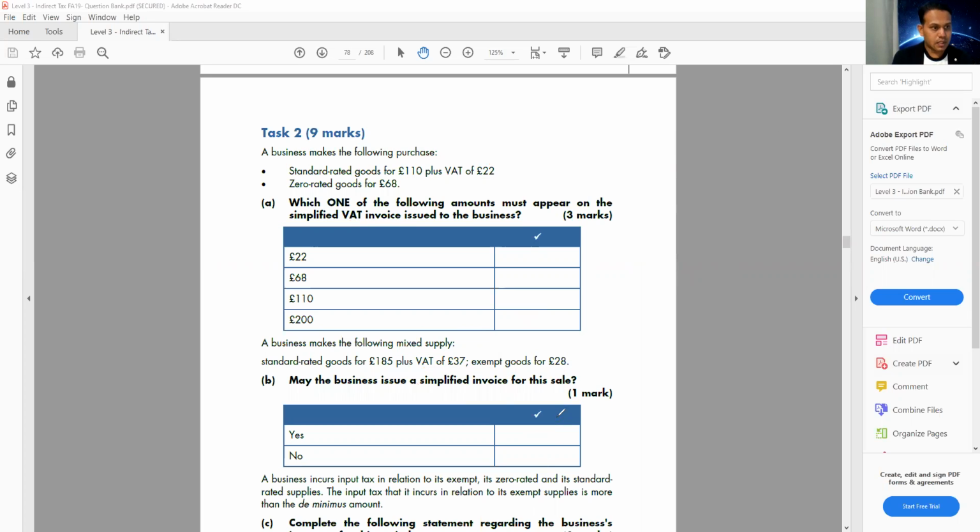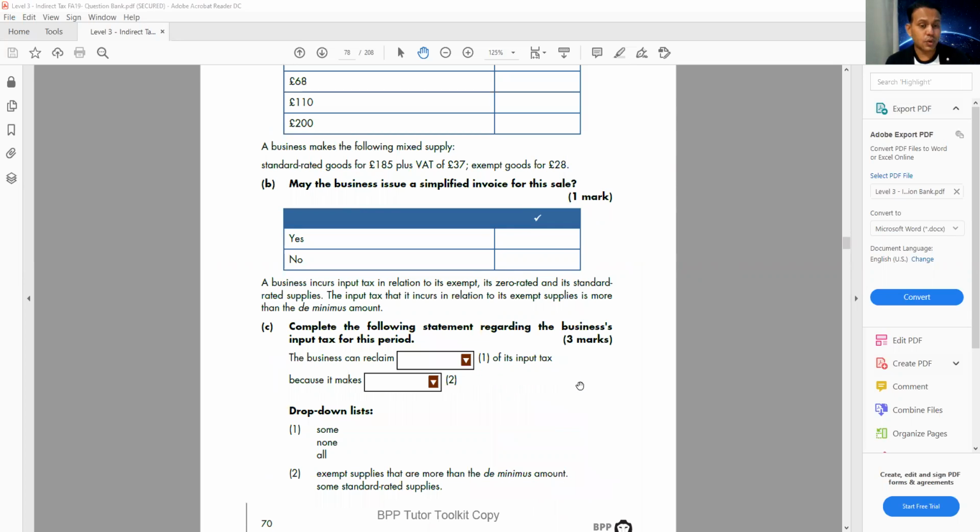All right, yes, Umit. So obviously here we have some exempt supplies as well. So this one will be another calculation.